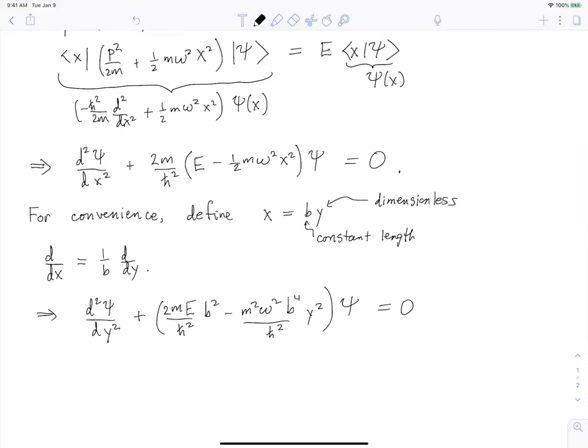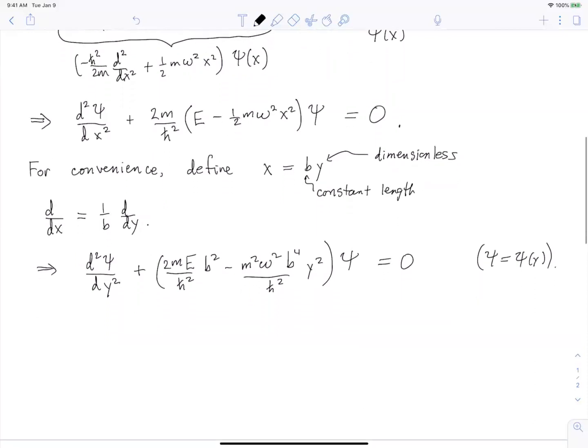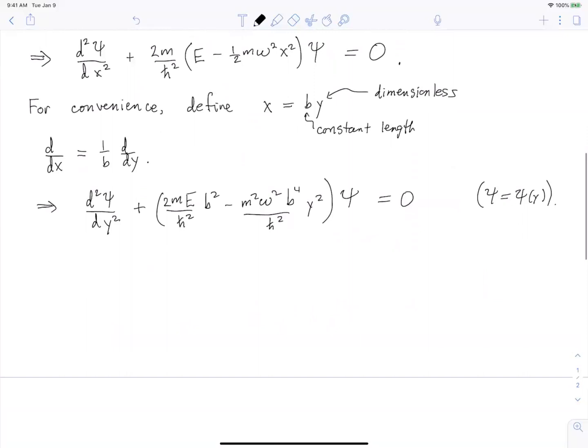So now psi is a function of y. But that also makes it a function of x, of course. Now is where we get to choose b, and we want to choose b to make things as simple as possible. So what we're going to do is choose b to make this be equal to 1.